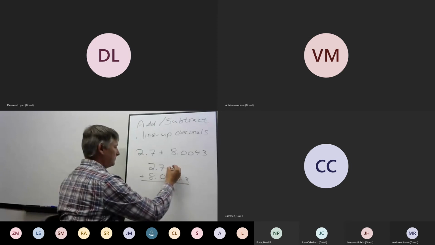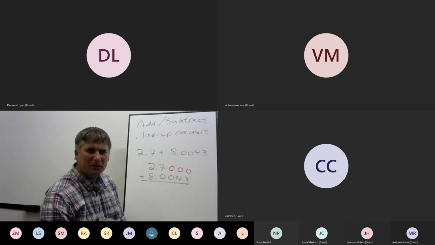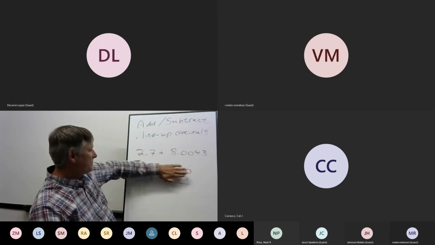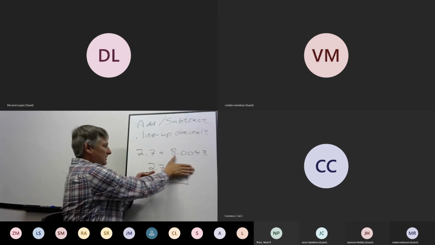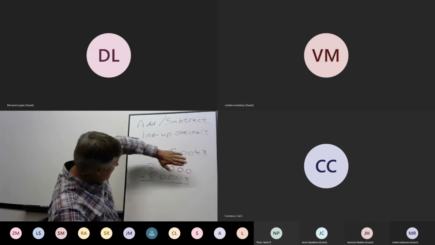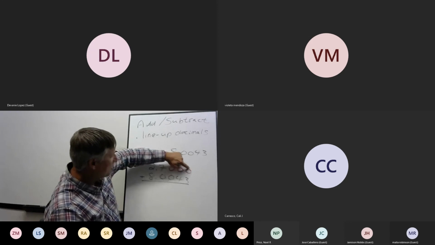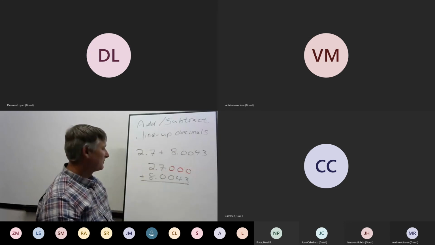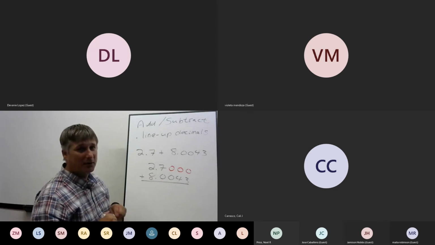So we put in the zeros. Now, why did I just put in these zeros? Well, we first line up our decimals, and then if we're missing something, like this is a 2 and 7/10, and this is 8 and 43 ten-thousandths, we put in zeros for each of the columns that we're missing in this number. So we'll put in those extra zeros. Now we add column by column.